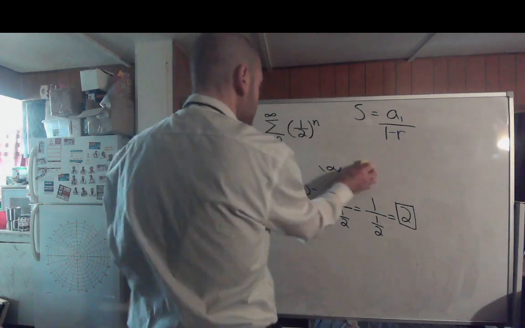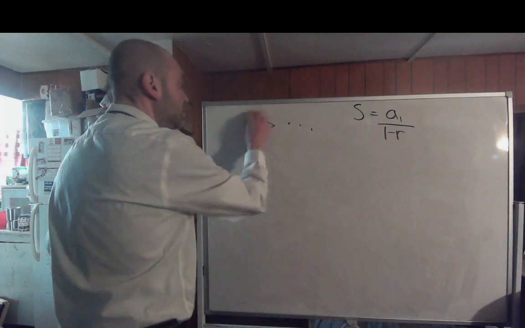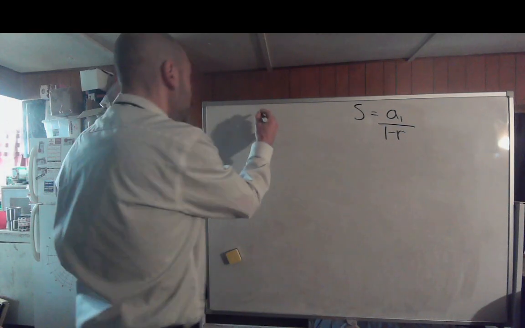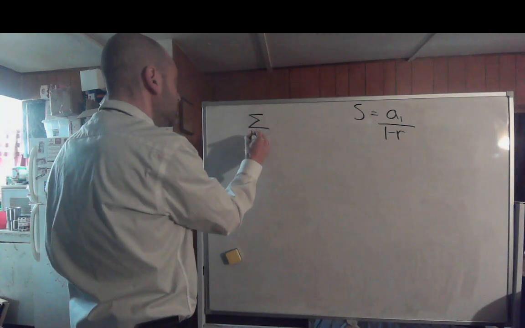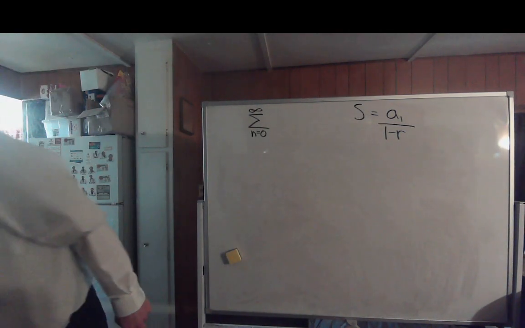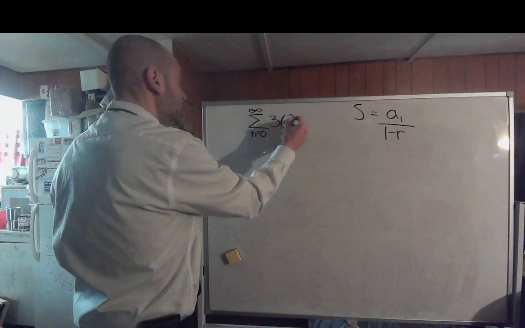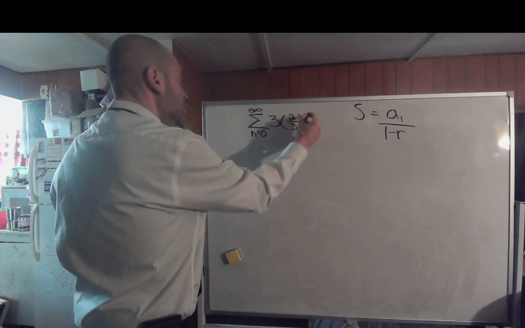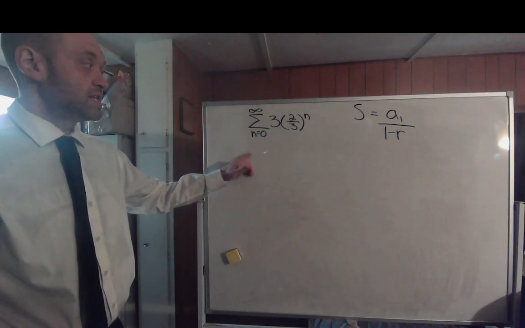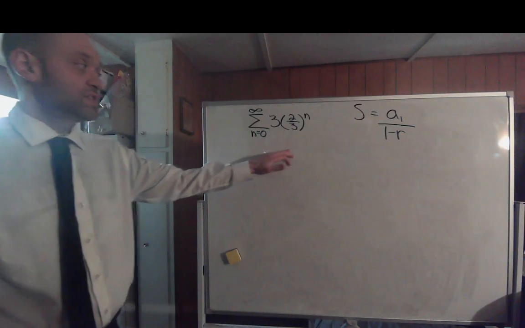And I got more examples here. Alright, so we have the sum of an infinite geometric series from n equals 0 to infinity of 3 times a quantity of 2/3 to the n.